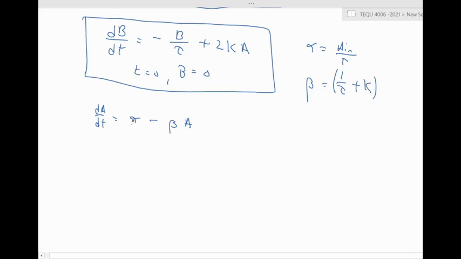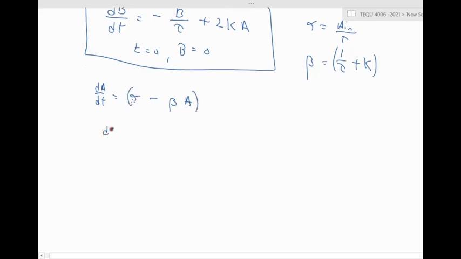Because alpha is a constant, it doesn't matter where the alpha is, because basically it's not a function of time or a function of B. That's good, meaning that I can do this and I end up with dA over alpha minus beta A equal dt.